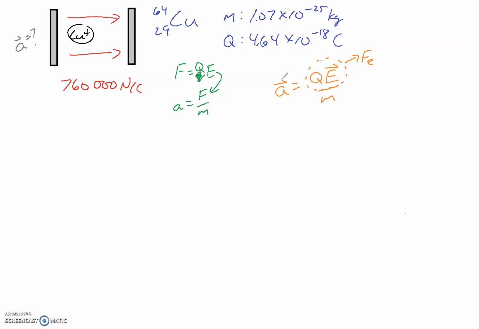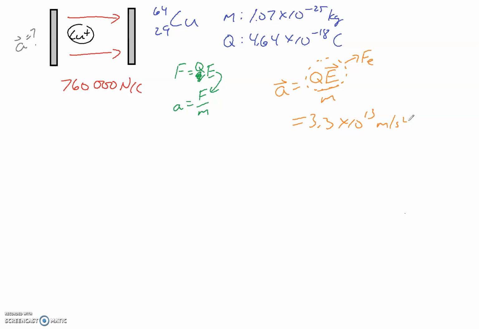Then we've got our acceleration, which would be around 3.3 times 10 to the power of 13 meters per second squared. So there's the acceleration of the nucleus as it goes across. And of course, you could find the distance and times and other things as well, possibly, but we're just looking for the acceleration right now.